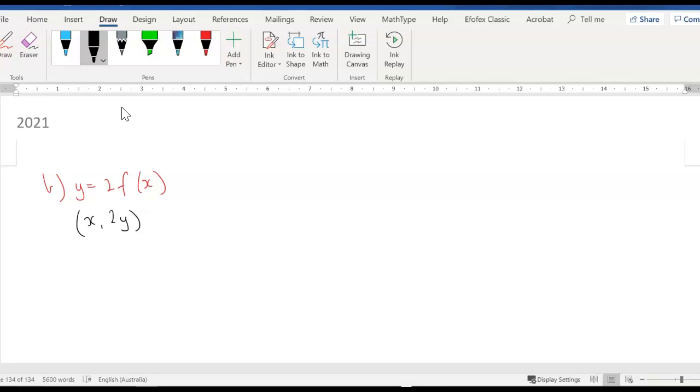So your x-intercept, sorry, we'll do the y-intercept first. It was 0, 11. So now it becomes 0, 22. Okay, so we're stretching it by 2.